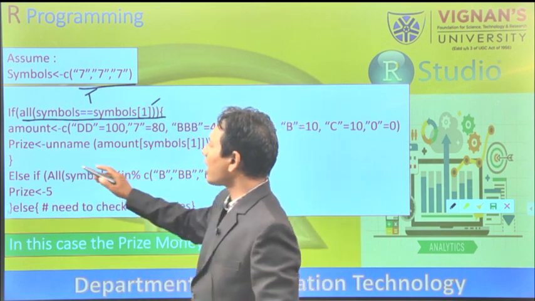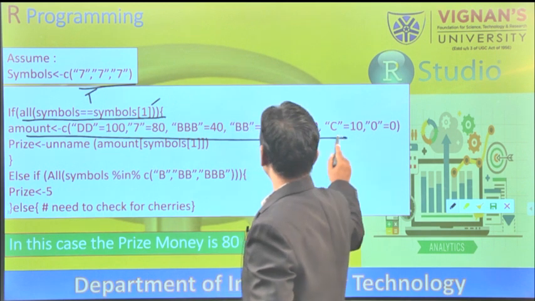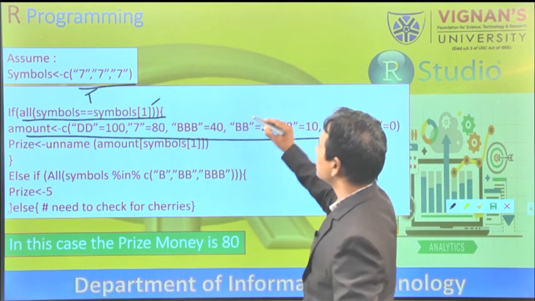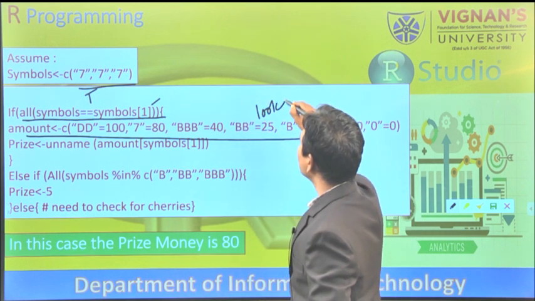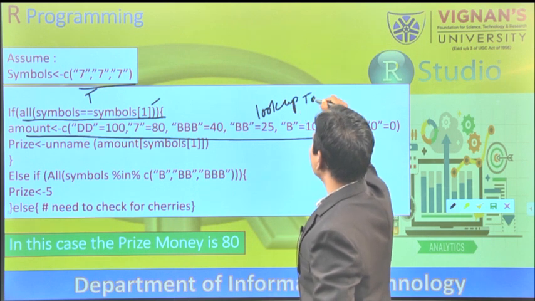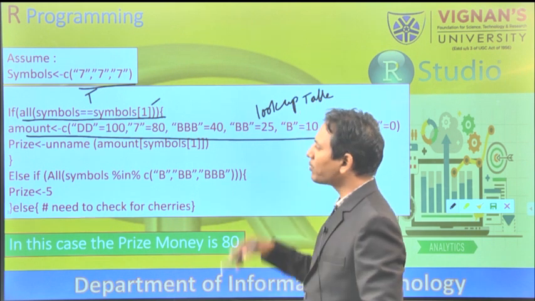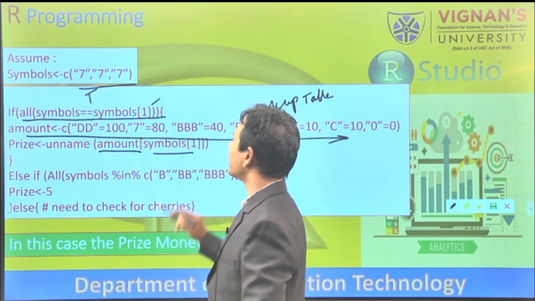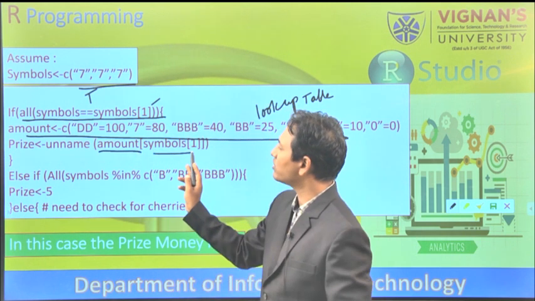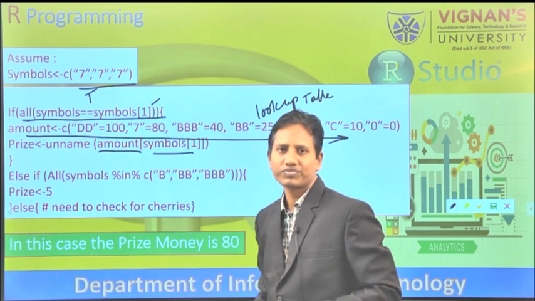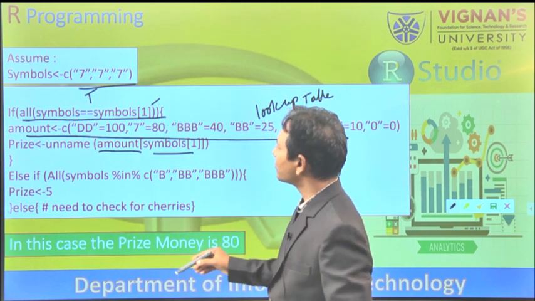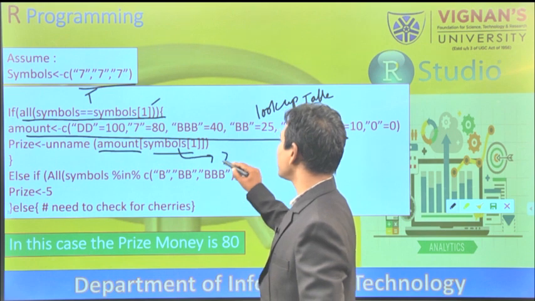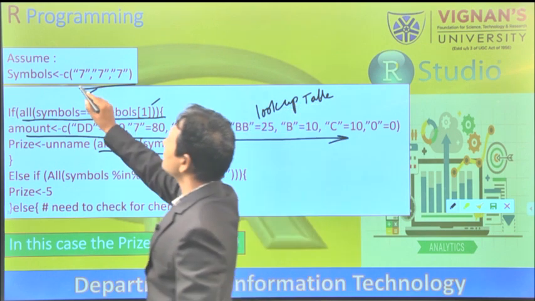If this is true, I have defined my values, that is the lookup table. From this one, I am going to pick the symbol where the value is present in the symbols. Symbols of 1, I said. So here the symbols are 7.